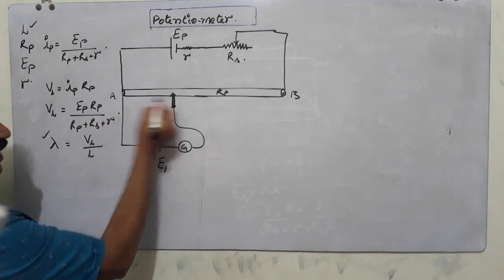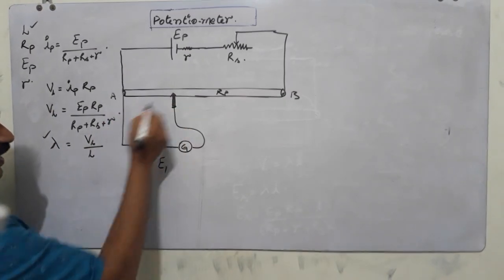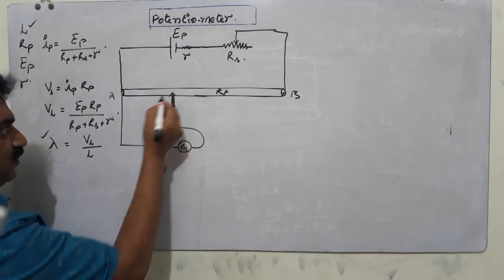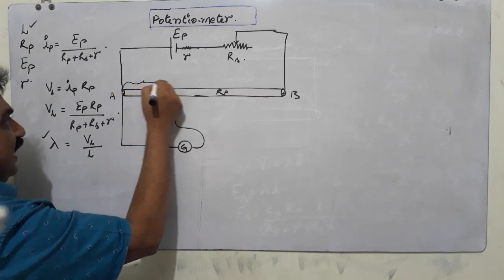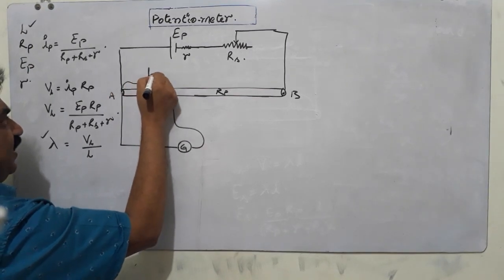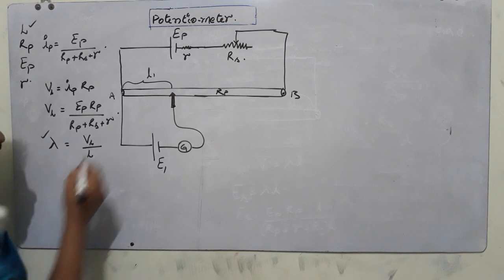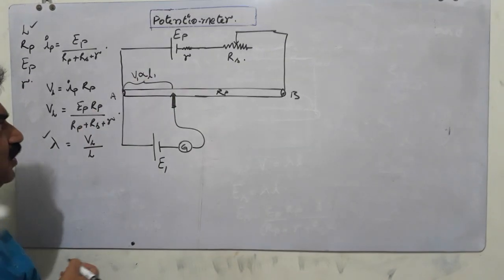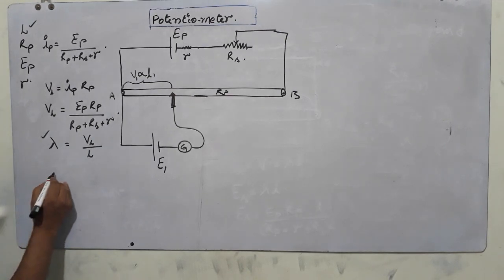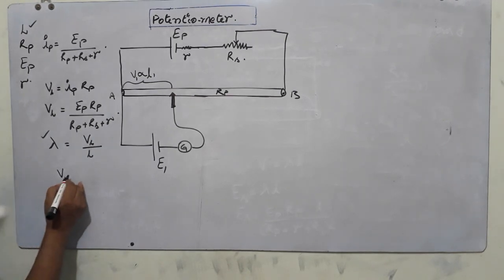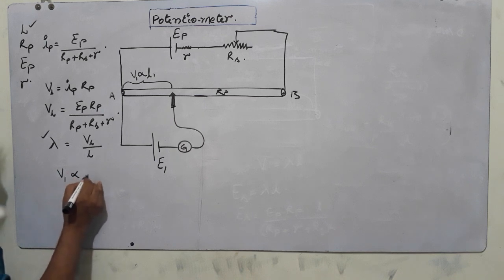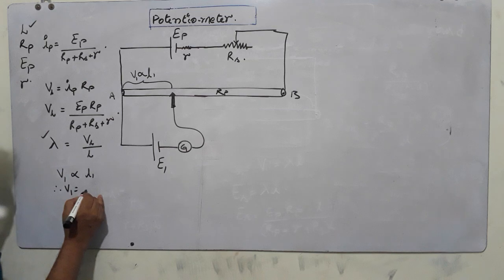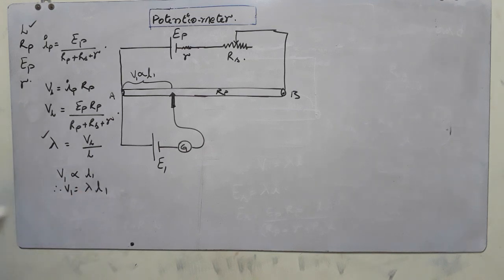See, while moving this jockey, at a particular point the galvanometer shows zero reading, so the balancing length of the potentiometer wire is taken as L1, and this potential drop is directly proportional to L1, so that V1 is proportional to L1, therefore V1 is equal to lambda into L1.